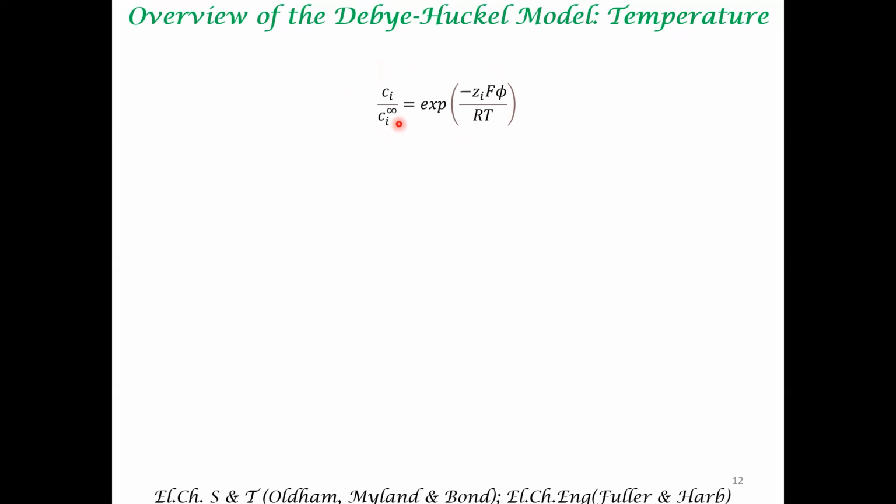So what am I trying to quantify here? I'm quantifying the concentration at a particular point. The concentration at a particular point can be given by two quantities. That is Ci infinity, the concentration of that species at infinity, far away.